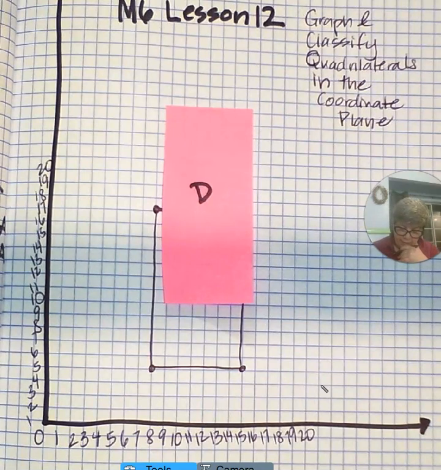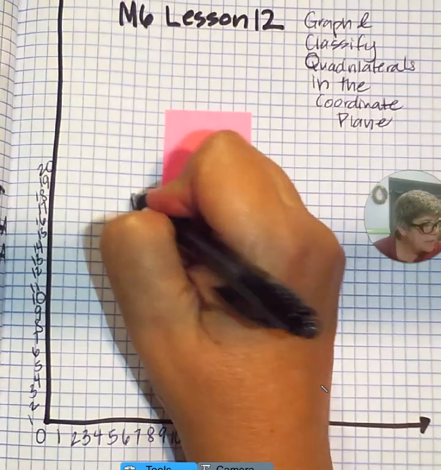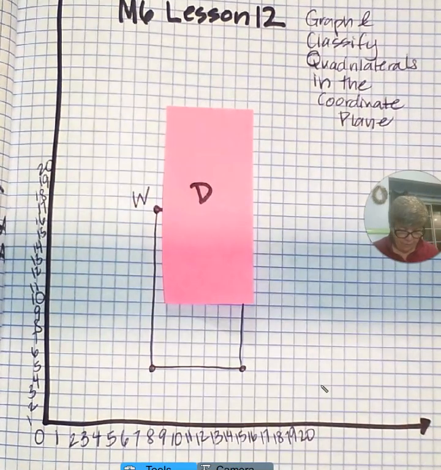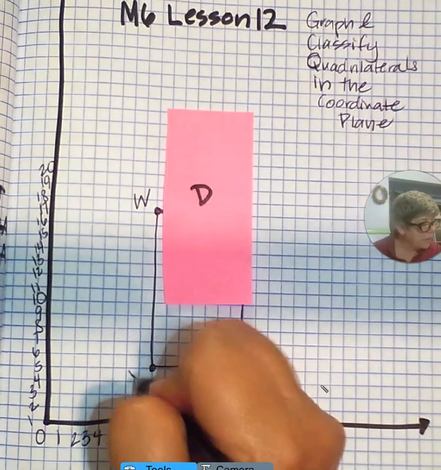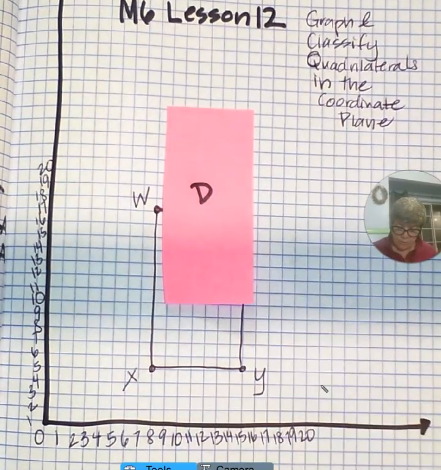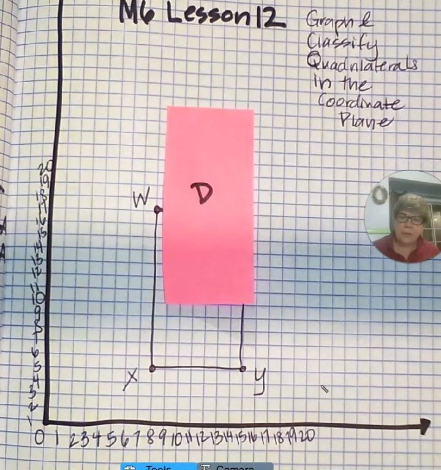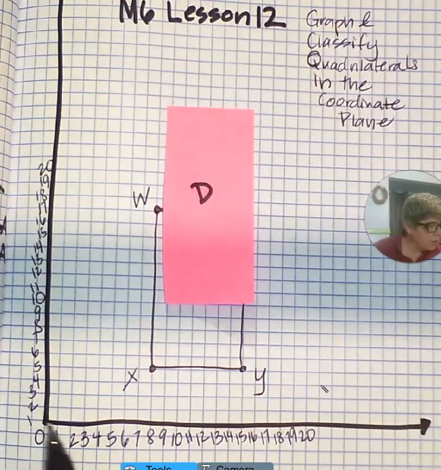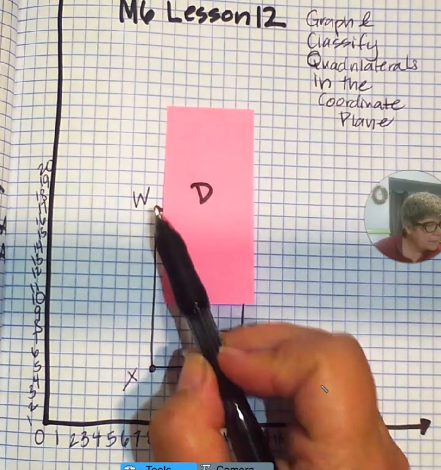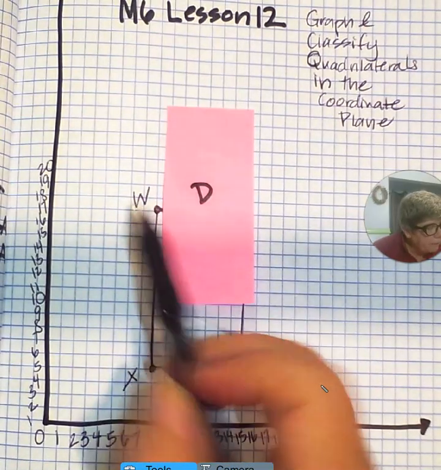could we identify the ordered pairs if we called this W, and if we called this X and we called this Y? Can we identify the ordered pairs? A little bit of a review on ordered pairs. Remember, going across and up. So our W is at 8, 17.